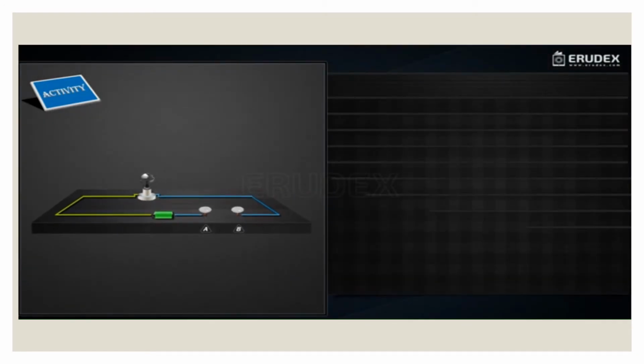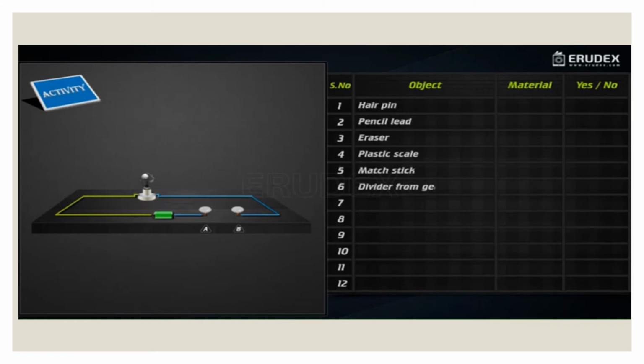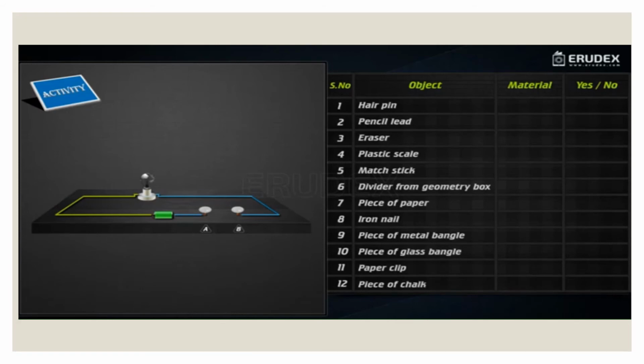And now here there's a table in which the objects are marked. The first object, hairpin, pencil lead, eraser, plastic scale, matchstick, divider from geometry box, piece of paper, iron nail, piece of metal bangle, piece of glass bangle, paper clip, piece of chalk. Now let us test.